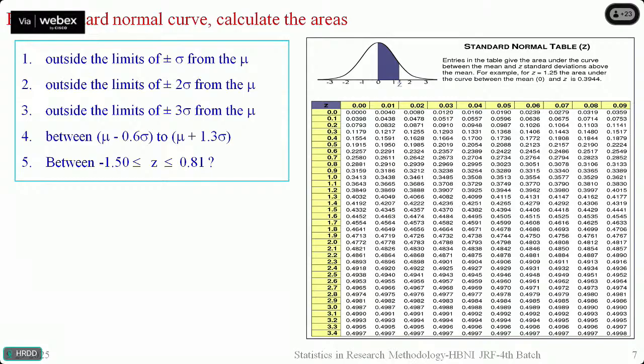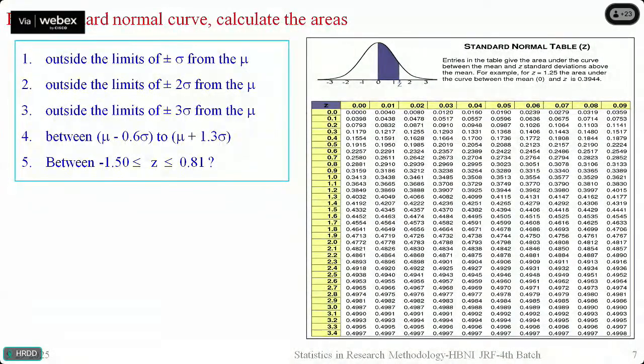All of you could get that value? If you could get it, then try to do these ones. The shaded portion corresponds to the area defined by the limits. Now, all of you may try these 5 questions to find the area corresponding to these defined limits.